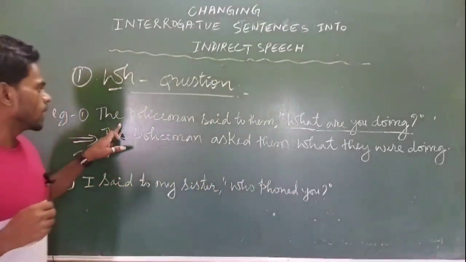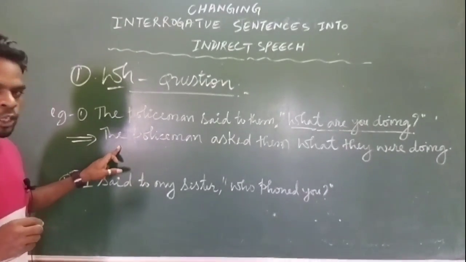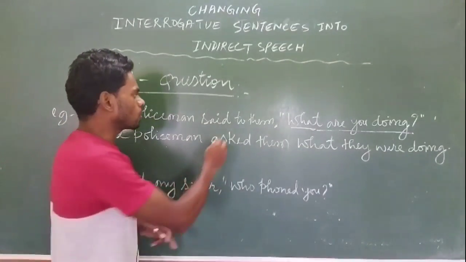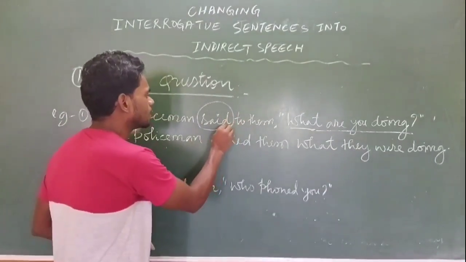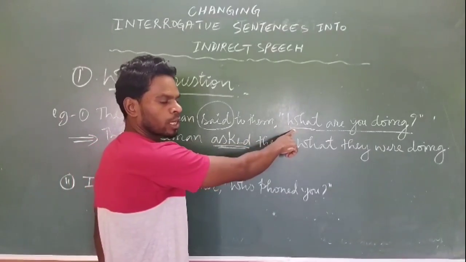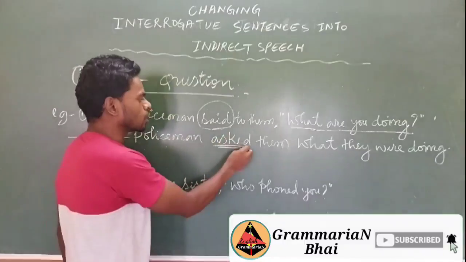When we change this sentence into indirect speech, it will be: The policeman asked them what they were doing. Here said changed into asked, because this is a question sentence. They are asking, what are you doing? So said will change into asked.